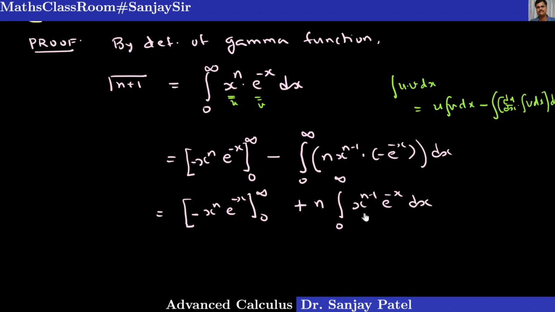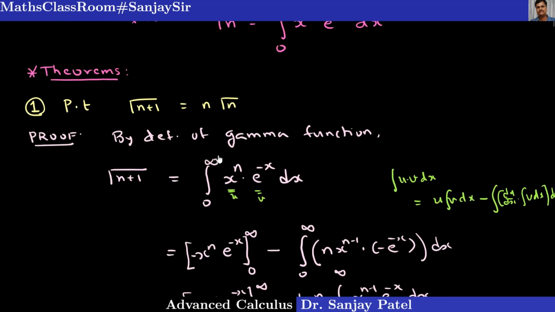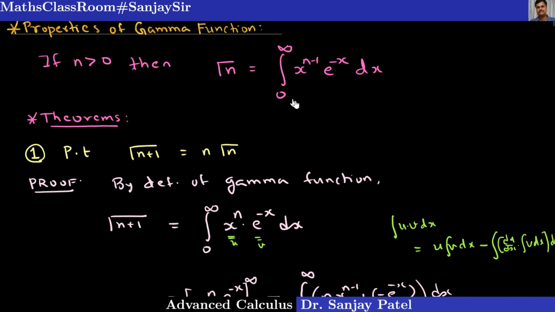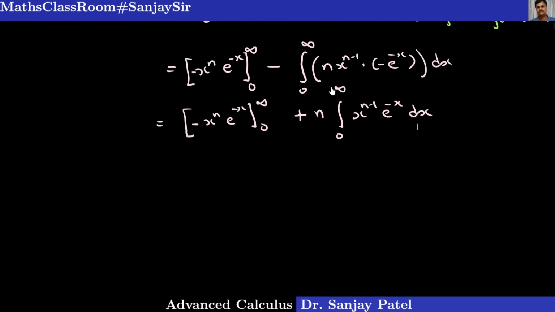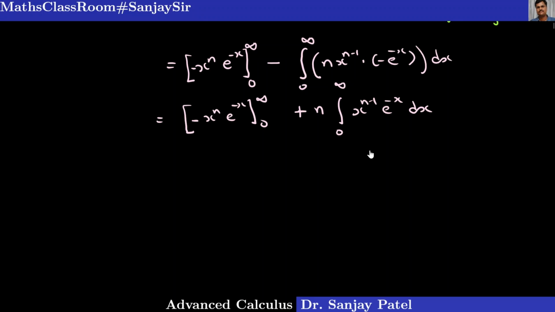But what is this? This is nothing but gamma of n. Look at the definition of gamma n: the integral from 0 to infinity of x raised to n minus 1 e raised to minus x. So I can replace this integral by gamma n. So this is equal to minus x raised to n into e raised to minus x, and let me write this by putting in the values.